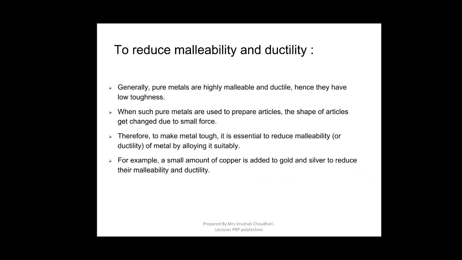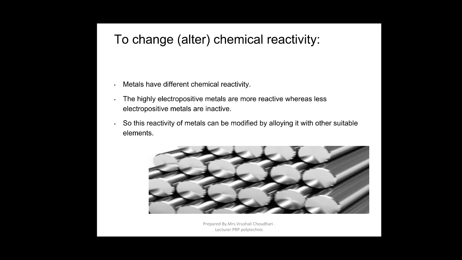Therefore, to make metals tough, we reduce the malleability and ductility by using a suitable alloying element. A small amount of copper is added to gold and silver to reduce their malleability and ductility, to increase the hardness and toughness.